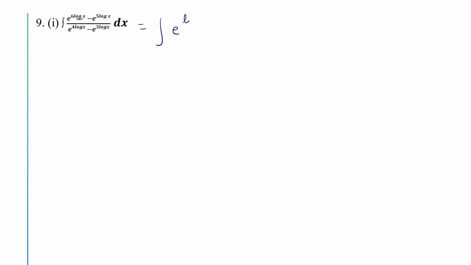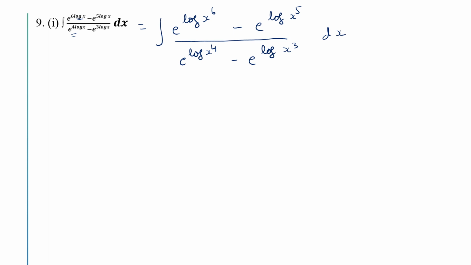So it is e raised to log x raised to 6 minus e raised to 5 log x is e raised to log x raised to 5, divided by e raised to 4 log x is e raised to log x raised to 4, minus e raised to 3 log x is e raised to log x cube into dx.